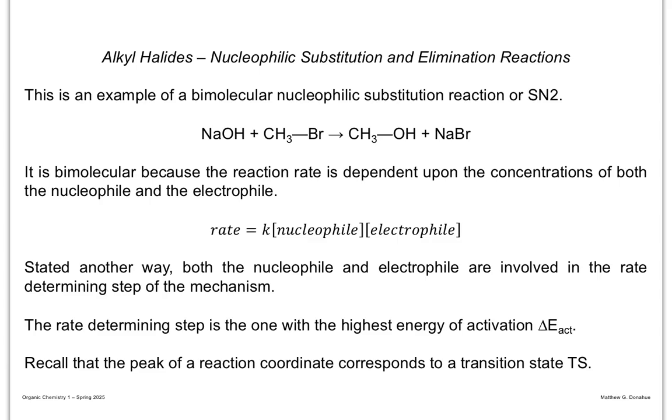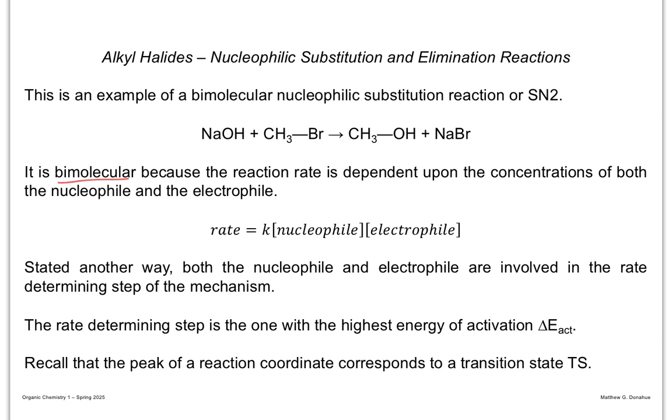So in understanding how the term SN2 arises, again, the 2 stands for bimolecular, and that's related to the rate equation. So the overall rate is equal to the rate constant times the concentration of the nucleophile times the concentration of the electrophile.